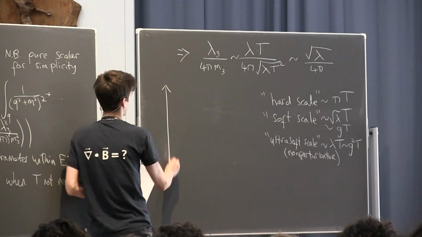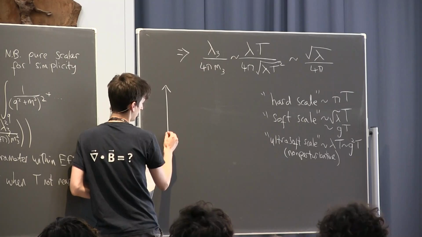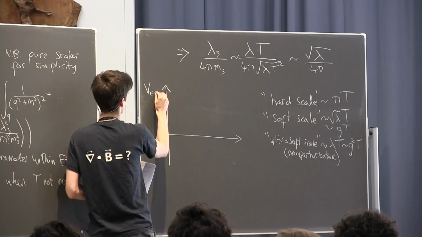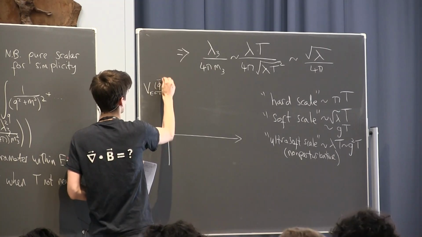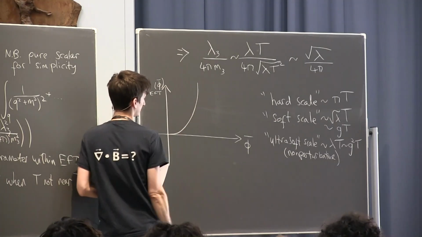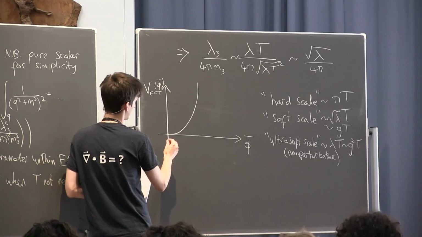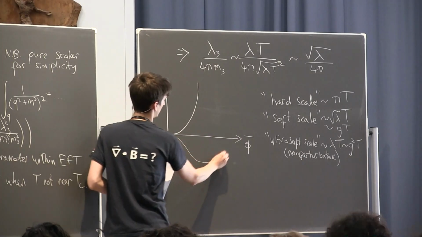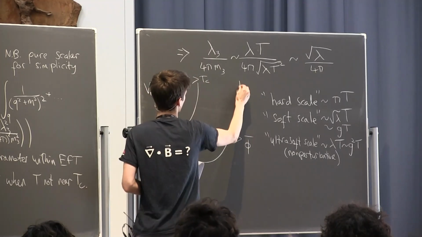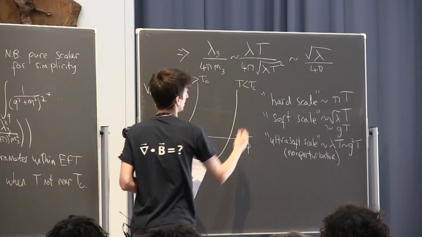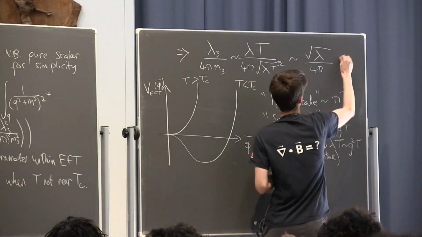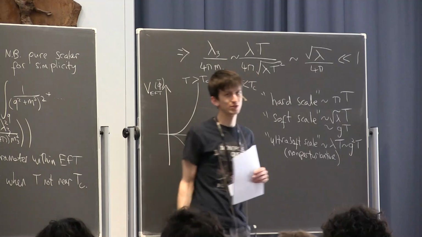So if I think about my potential, the potential for my 3D EFT. So at temperatures above TC, temperatures below TC, I have a small expansion parameter, as long as my coupling is sufficiently small.